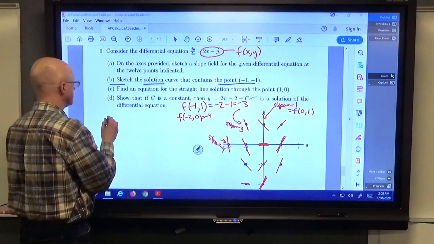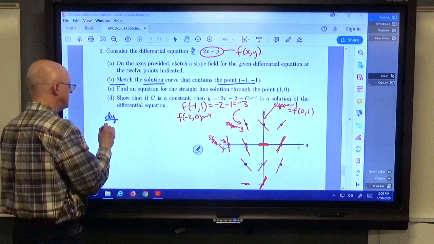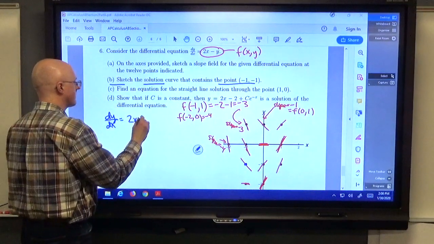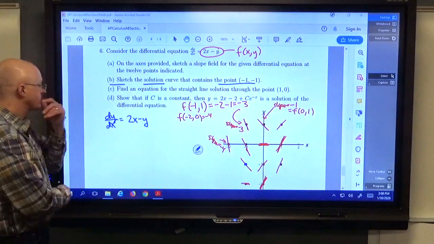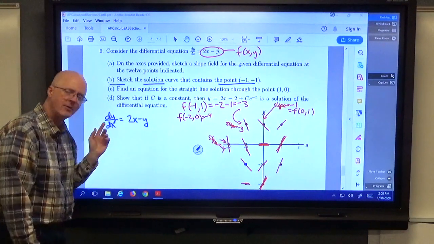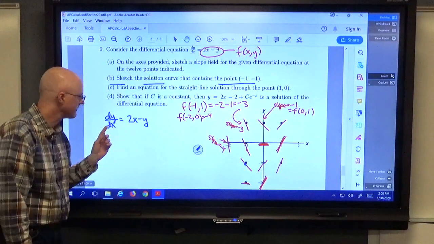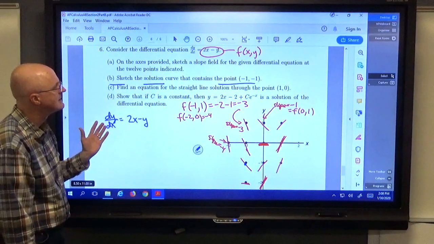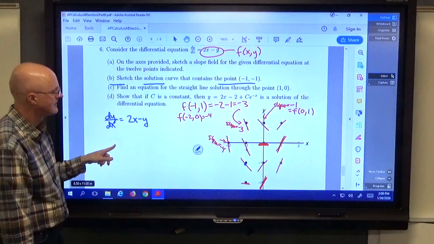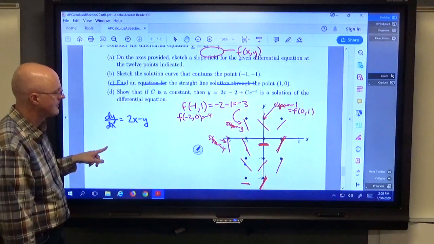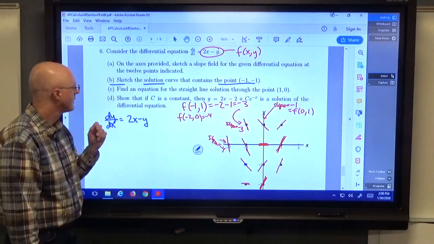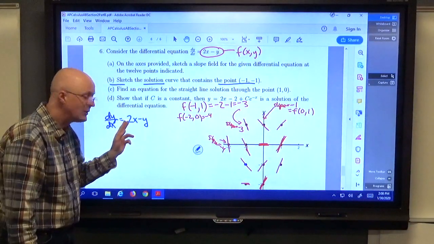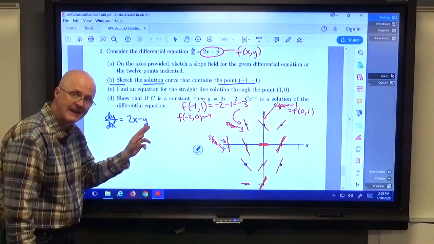The differential equation needs to be imagined as saying, it's really important, I'm looking for a function, y is a function of x, whose derivative, whose slope everywhere at any point on its graph equals 2 times the first coordinate of the point minus the second coordinate.